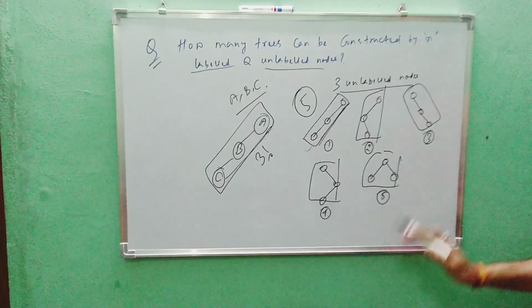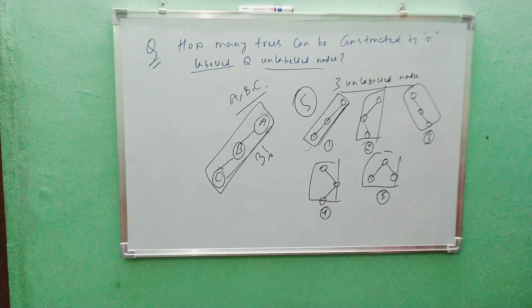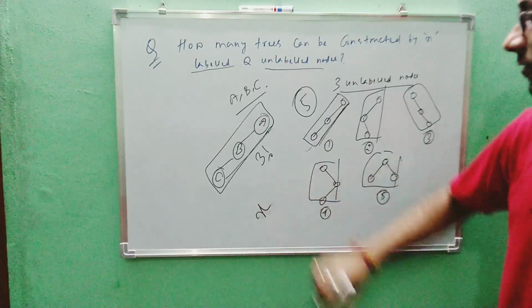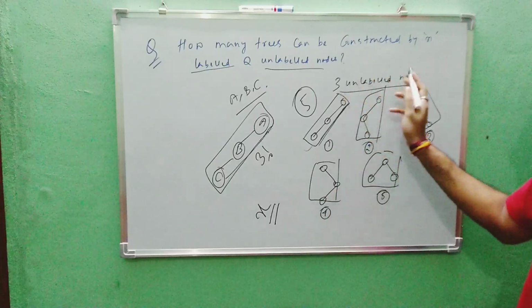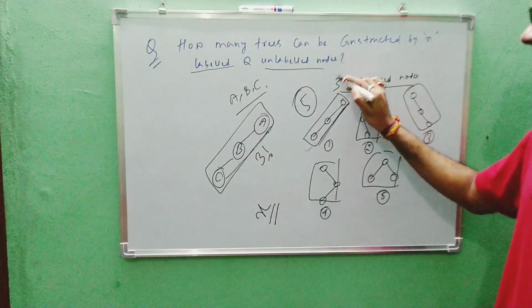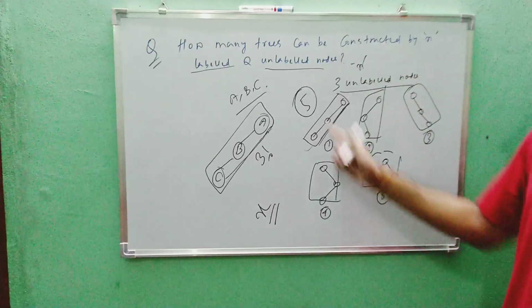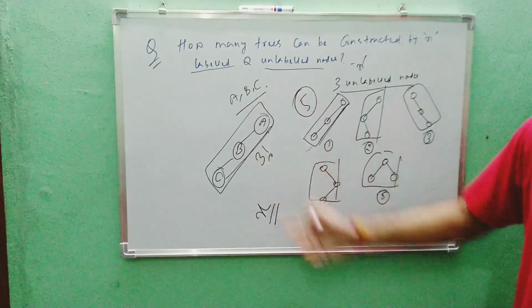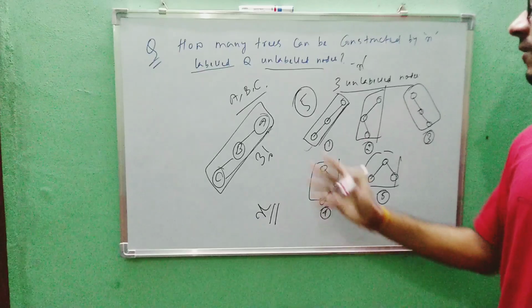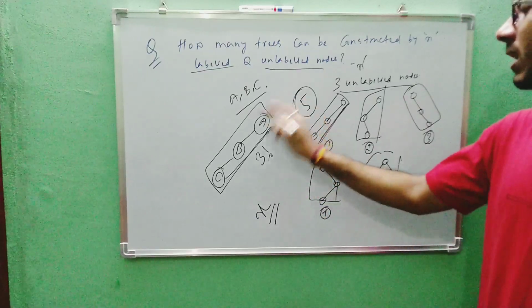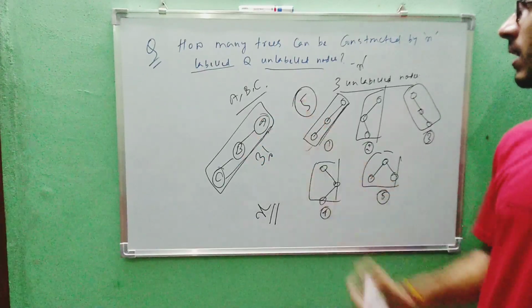Is it clear? So now if we are told that a total of X different trees are possible with n unlabeled nodes, then how many different labeled trees are possible with n labeled nodes?